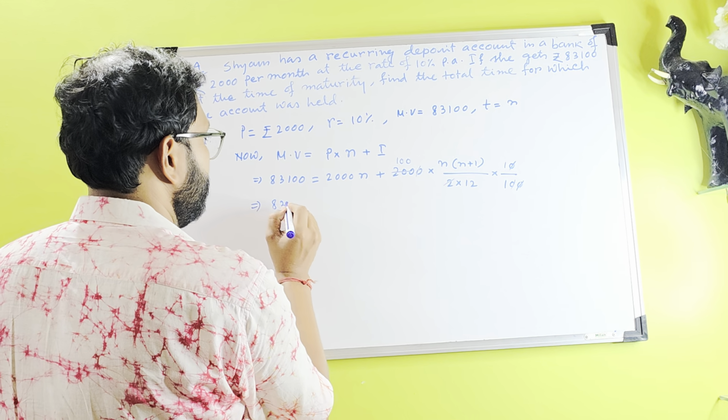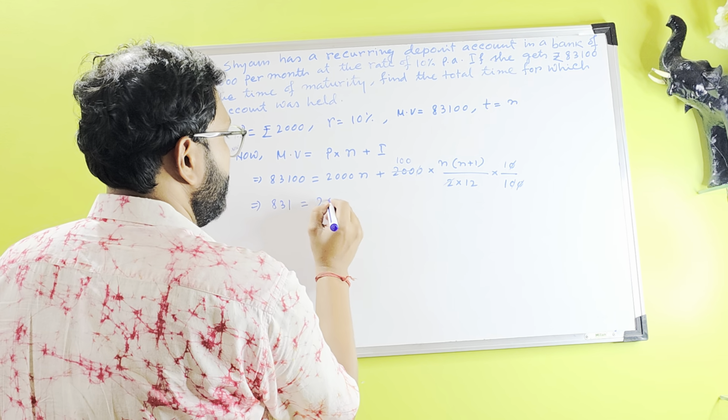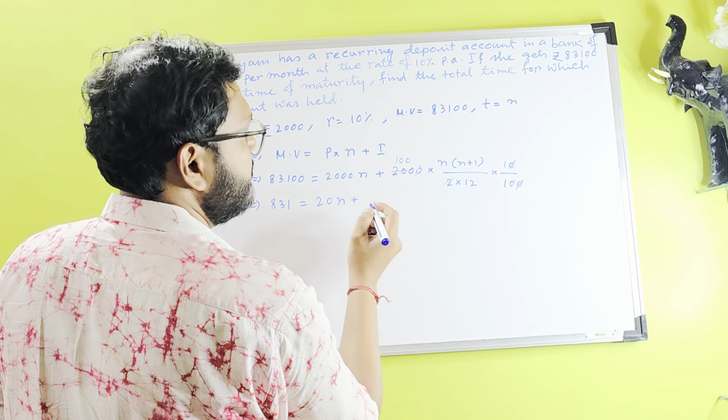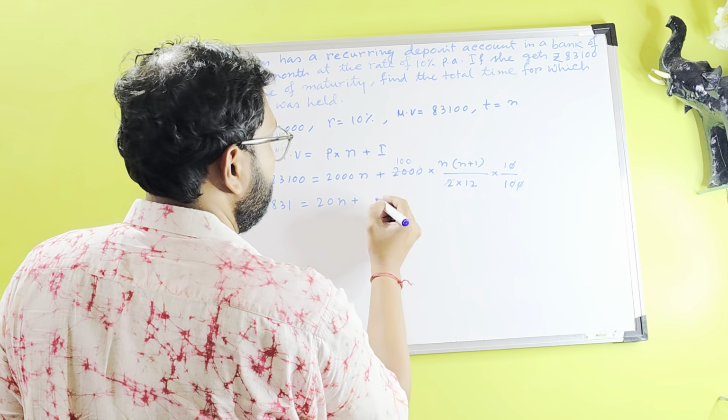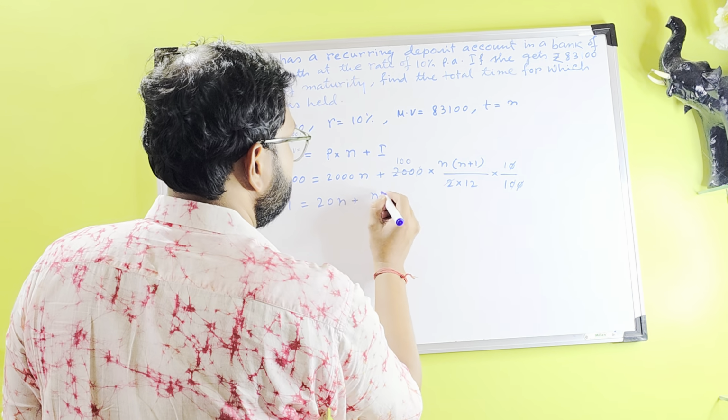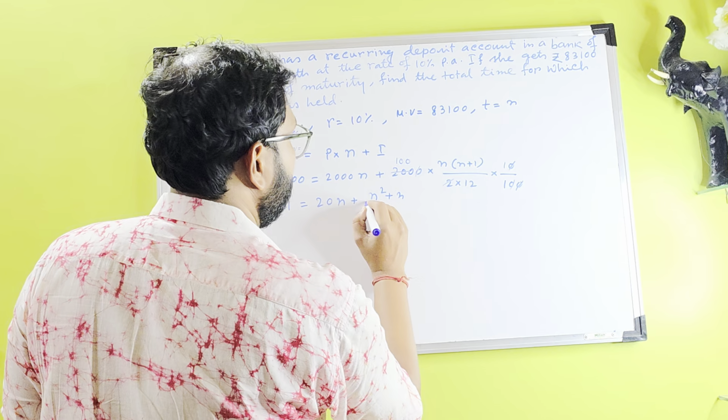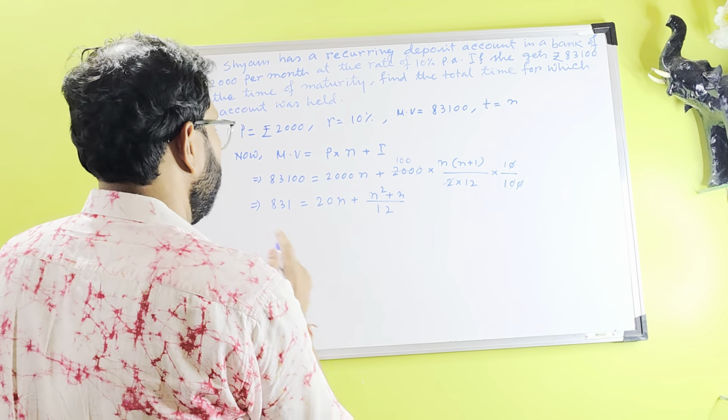So 831 equals 20n plus (n square plus n) by 12.